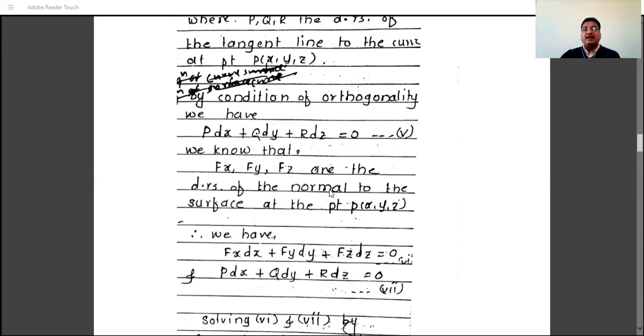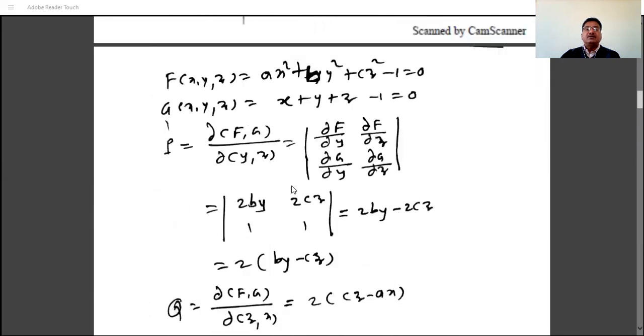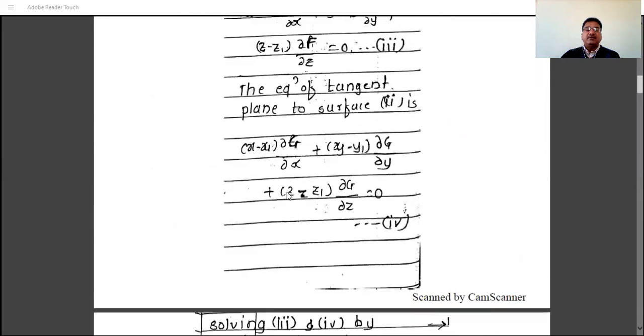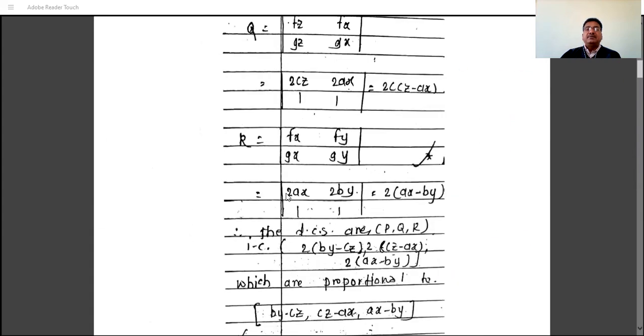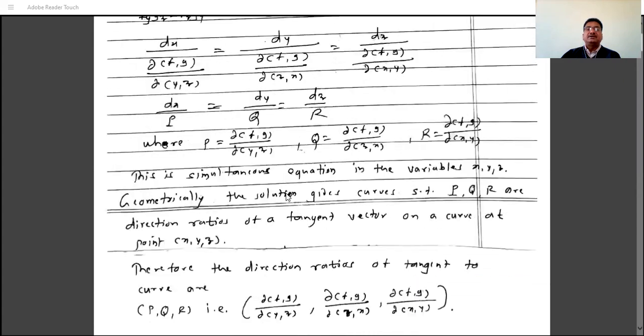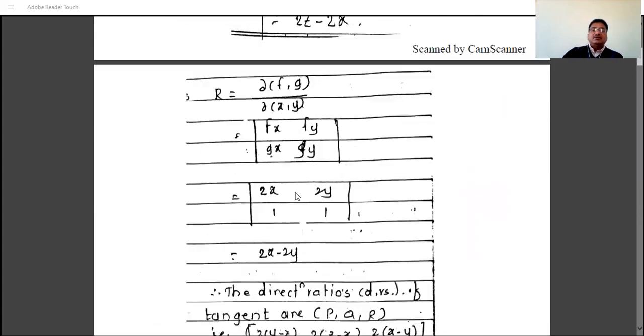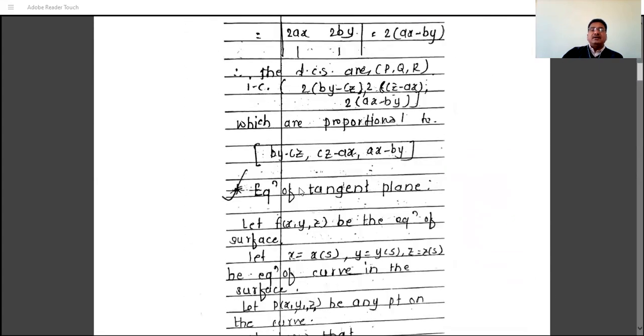So what is grad f? What is the definition of grad phi or del phi? Grad phi is ∂phi/∂x i plus ∂phi/∂y j plus ∂phi/∂z k. And the geometrical meaning of the gradient of phi is what?